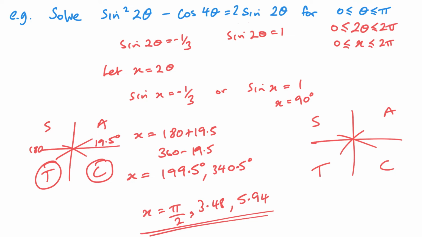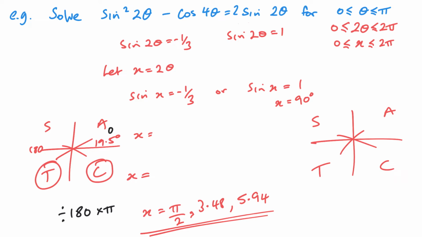Okay, so that's one way of doing it, just doing it with degrees first and then switching it into radians. Remember, to go from degrees into radians, we would be dividing by 180 and multiplying by pi. I'll do this again fully in radians.